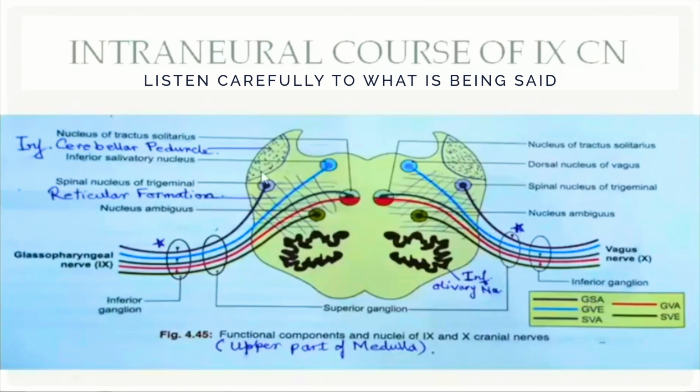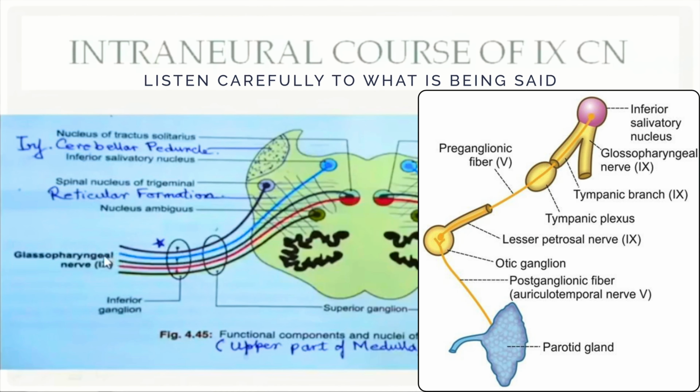From here, the fibers which emerge are the preganglionic parasympathetic neurons. Their cytons lie here, and these fibers run along the entire course, reach extracranially, and relay in the otic ganglion. From the otic ganglion, the postganglionic parasympathetic fibers reach the parotid gland via the auriculotemporal nerve.